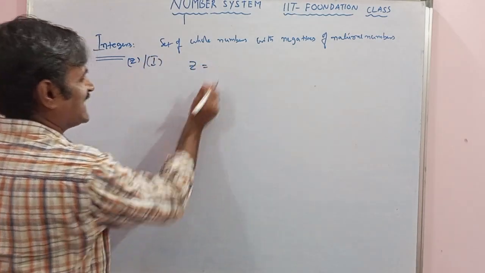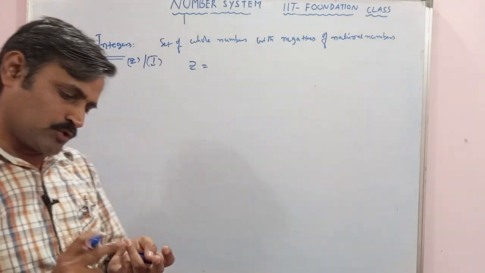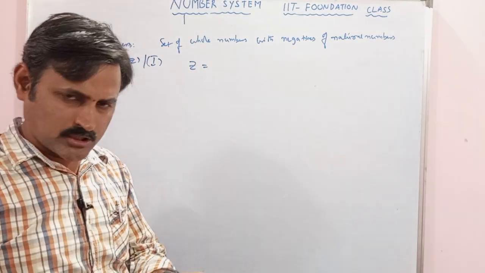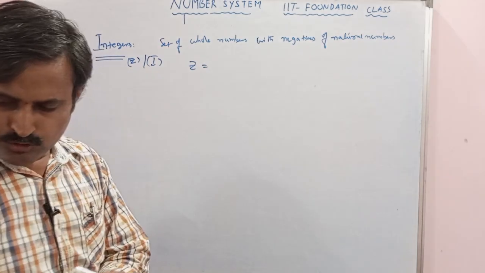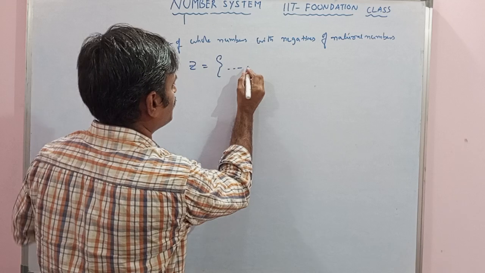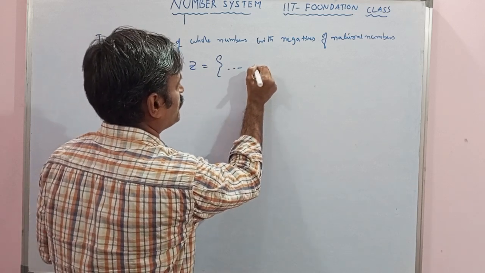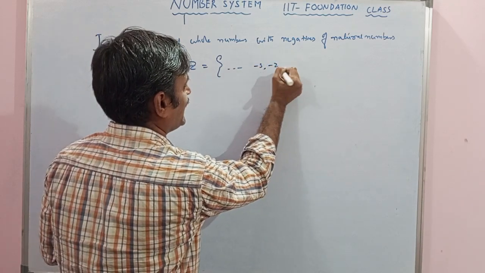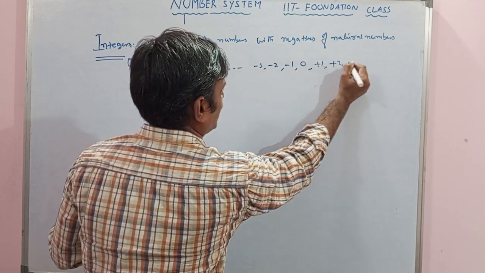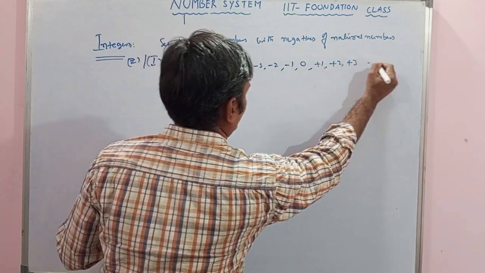So what are integers? Natural numbers 1, 2, 3, 4, 5. For them, again you have to put negative values, including 0. So how we will write this is, we will start with a maximum negative: minus 3, minus 2, minus 1, 0, plus 1, plus 2, plus 3, plus 4, and so on.